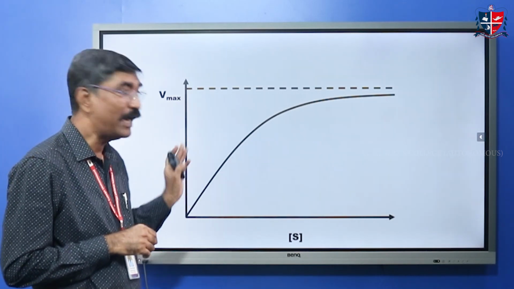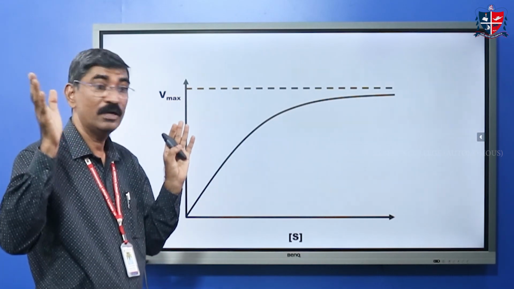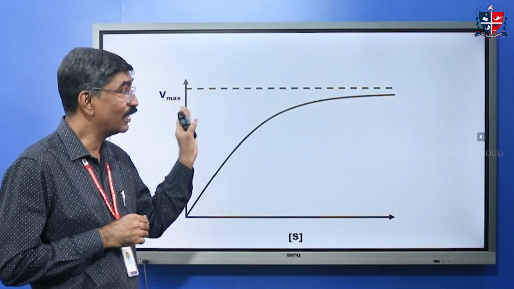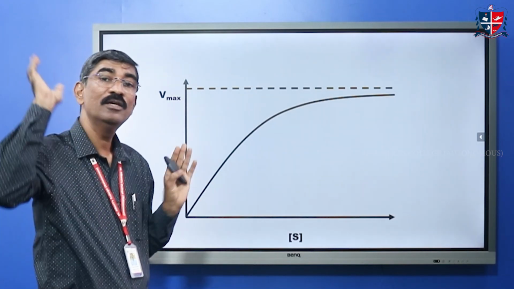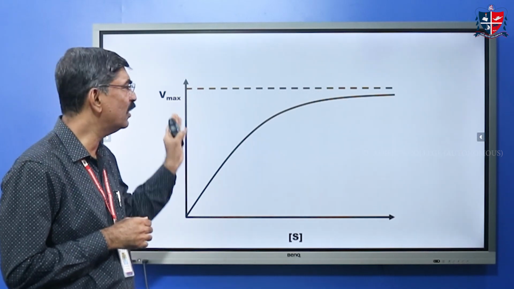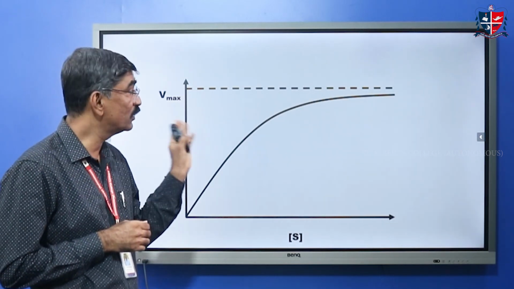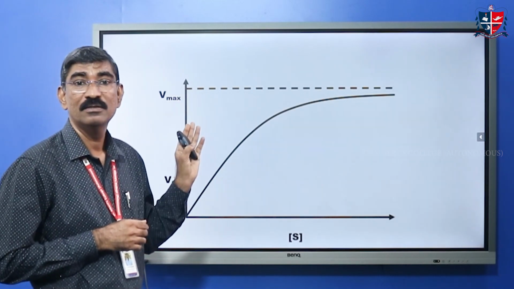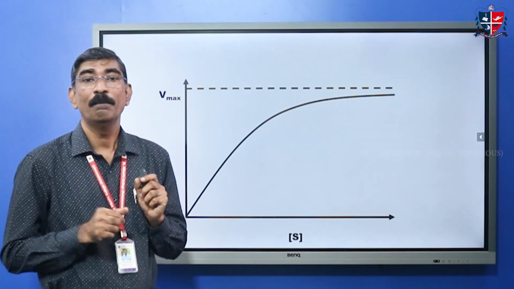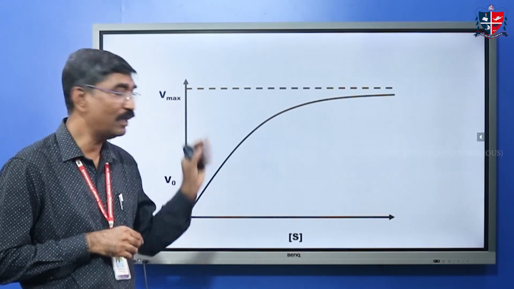You cannot achieve the maximum velocity at this concentration. You can achieve the maximum velocity only with infinite substrate concentration. It is very evident from this graph that you cannot accurately determine the maximum velocity of an enzyme catalyzed reaction from it.